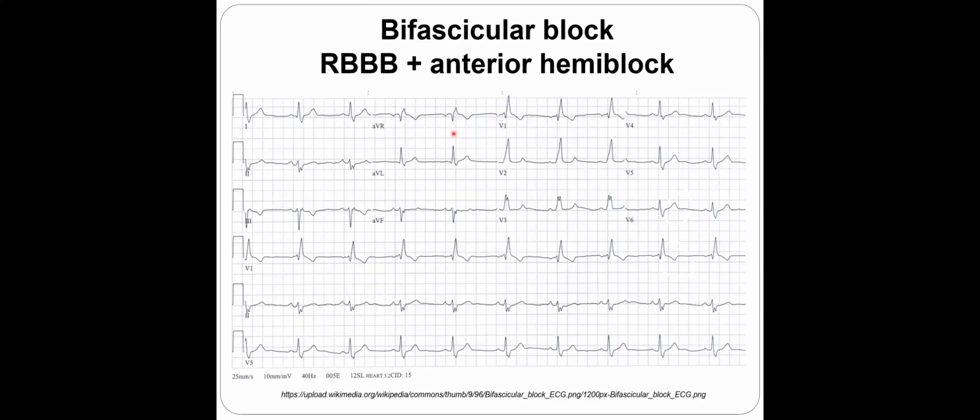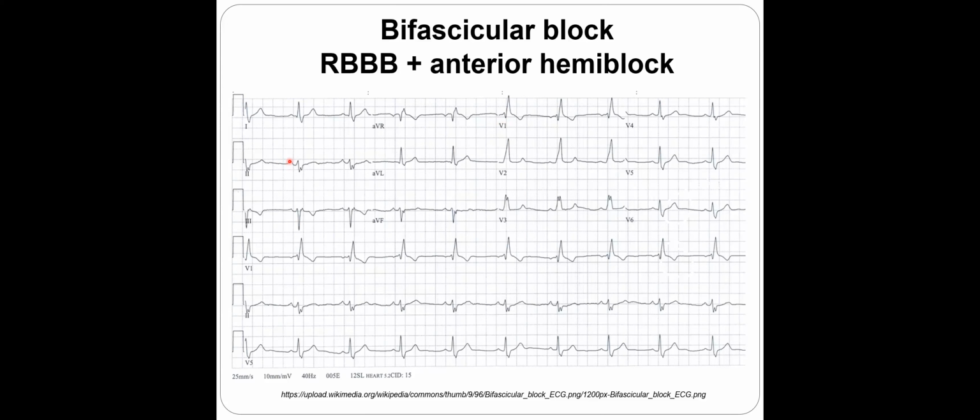Now, bifascicular block. We said right bundle branch block plus left anterior or left posterior hemiblock. Most commonly anterior because the same artery supplies these two areas. You do see the pattern of the QRS complex in V1, RSR, plus the axis: lead 1 positive, AVF negative, and lead number 2 negative, so it's a pathological left deviation.